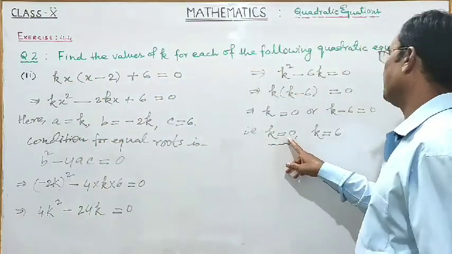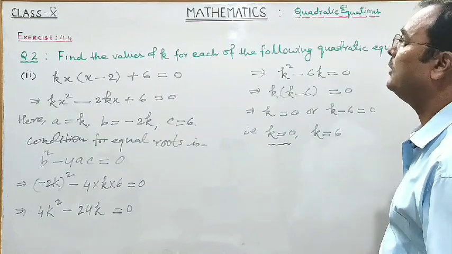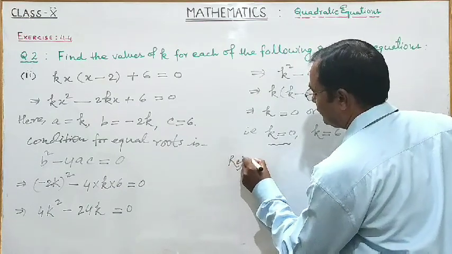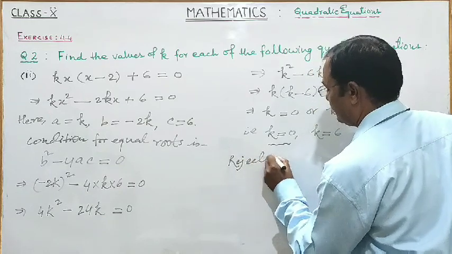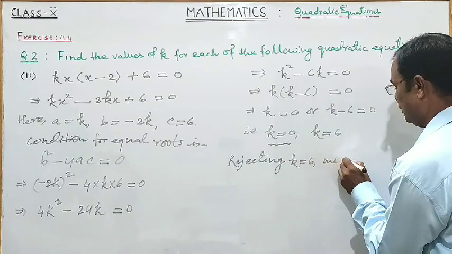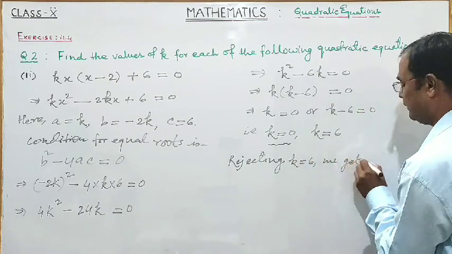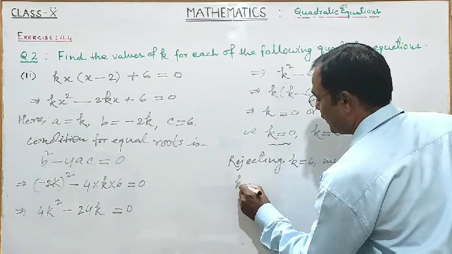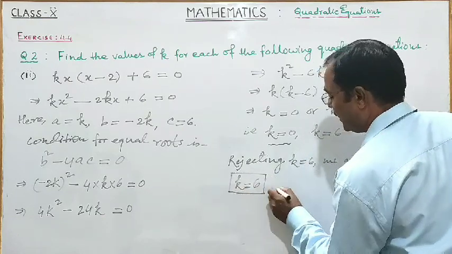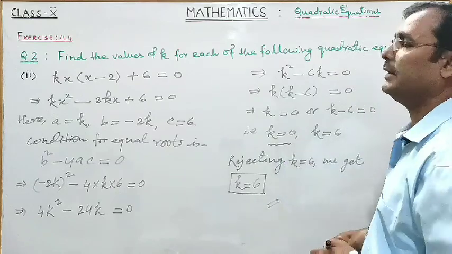Therefore, k equal to 0 is not valid value here. So rejecting k equal to 0, we get k is equal to 6. And this is the required value of k for this given quadratic equation.